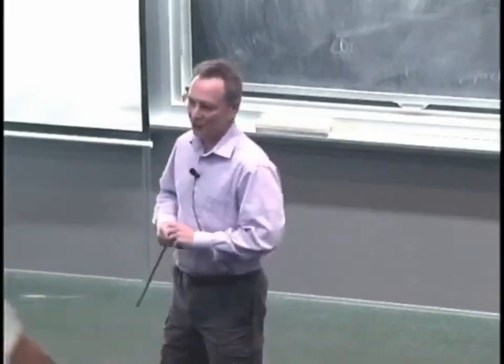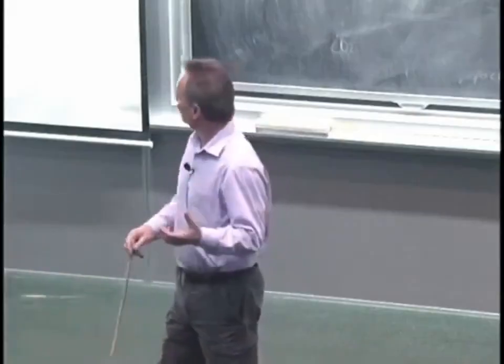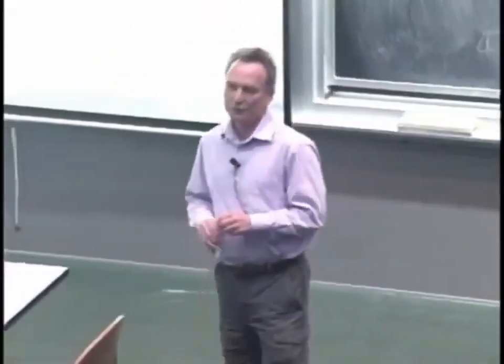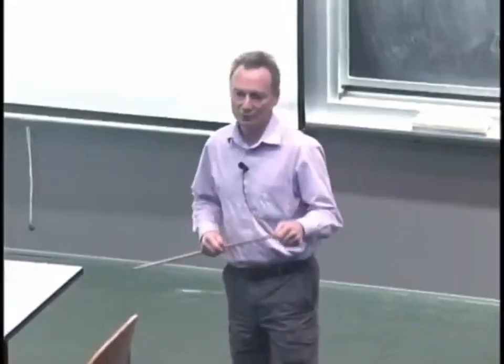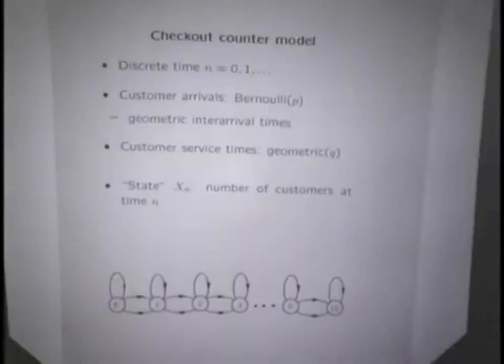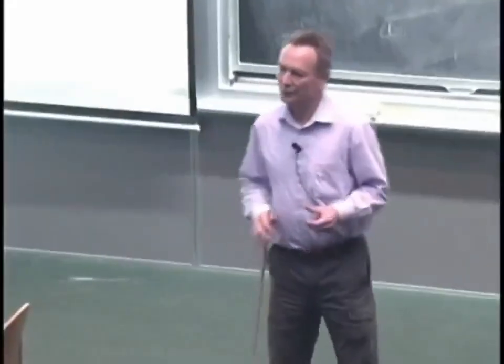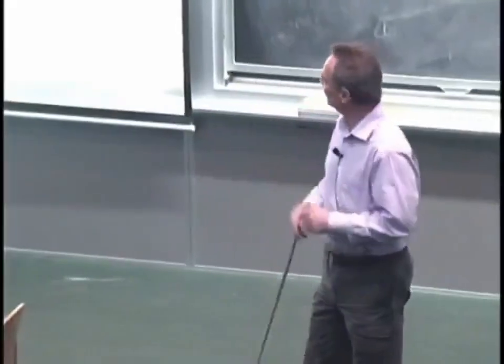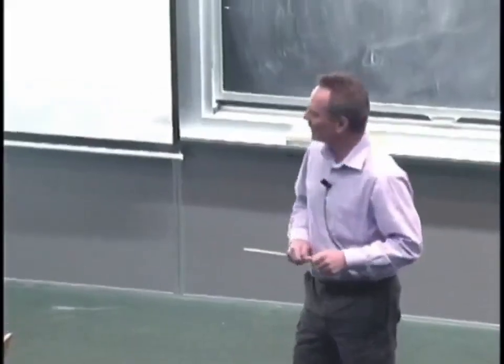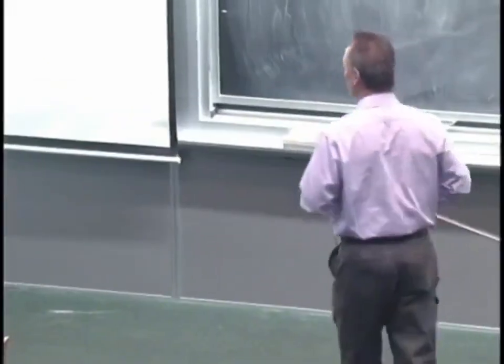But if there is a customer in queue, then that customer starts being served and is going to be served for a random amount of time. And we make the assumption that the time it takes for the clerk to serve the customer has a geometric distribution with some known parameter q. The time it takes to serve a customer is random because it's random how many items they've got in their cart and how many coupons they have to unload and so on.